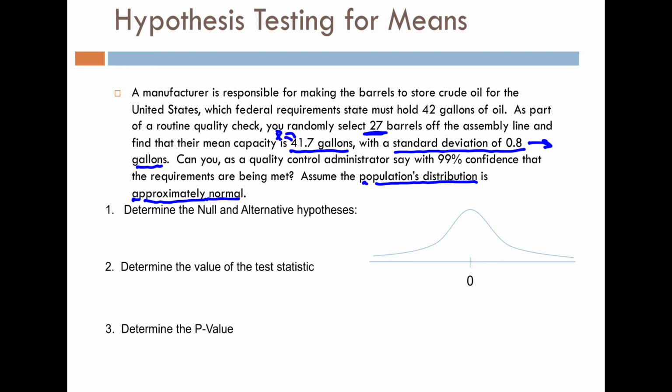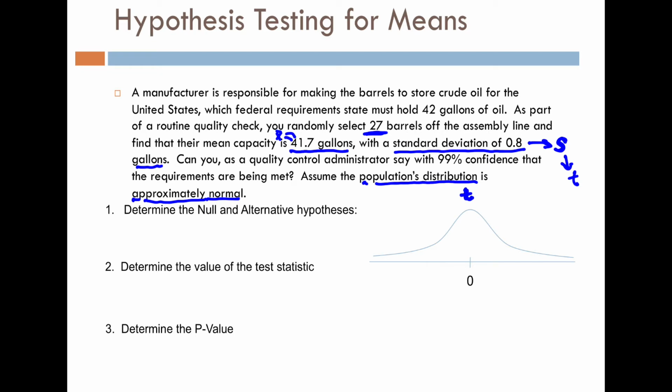And this number that we calculated, 0.8, came from the same sample of 27 barrels. We had to do that because we weren't told the population standard deviation. So the number 0.8 is based on that sample of 27, which makes that an S value. And whenever we have S, this is when our underlying distribution is best estimated with a t-curve.